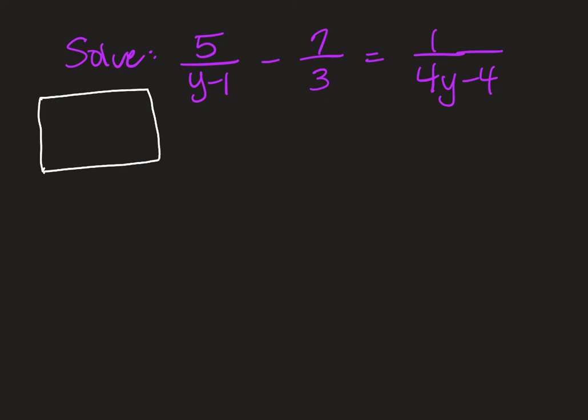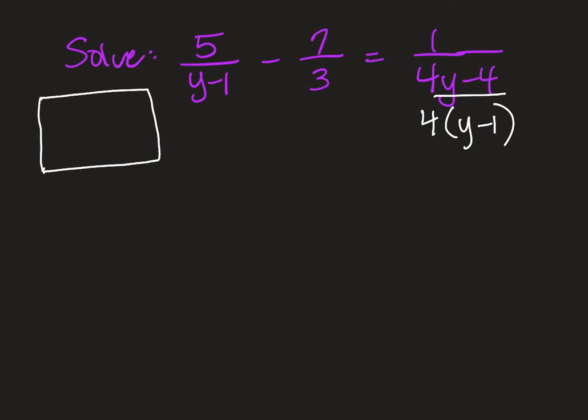And then let's factor. So I don't have any quadratics in my denominators, but I can factor that last one just by pulling out a 4. So you might want to actually stop the video and just try this on your own and see if you can work your way through it, and then come back and look at the video to see if you did it right.